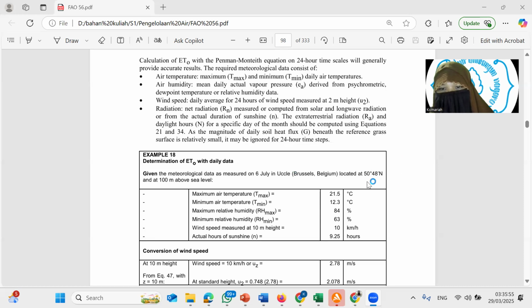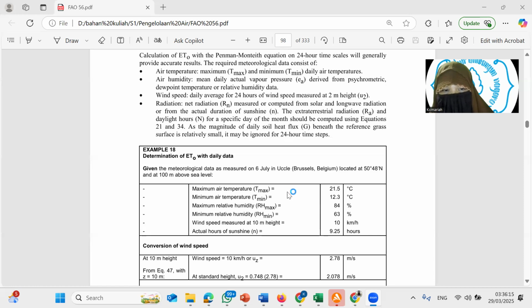As you can see here, the latitude is 50 degrees 48.9 northern hemisphere. Okay, north. And also there must be information about the elevation. For example, here the example is 100 meters above sea level.